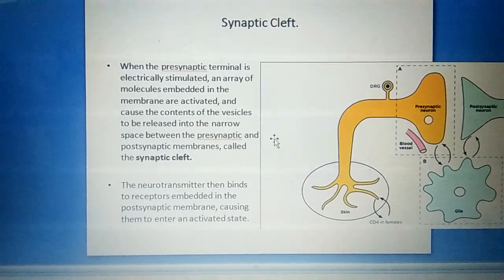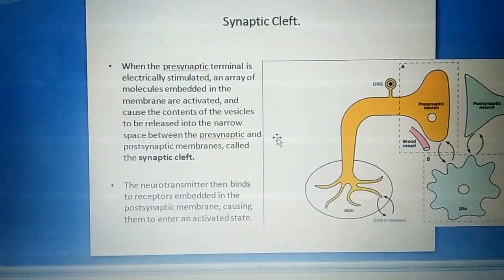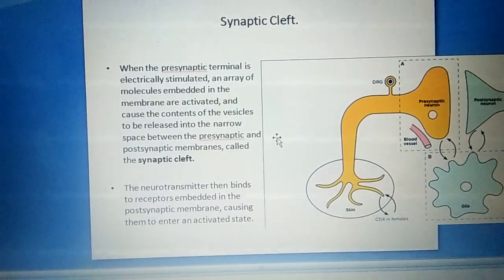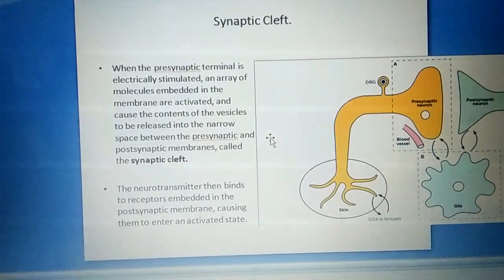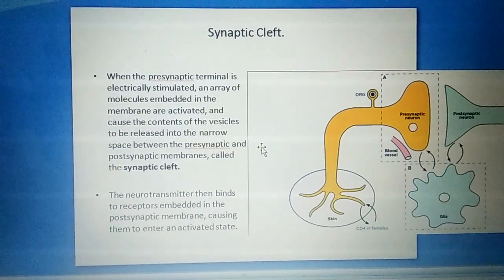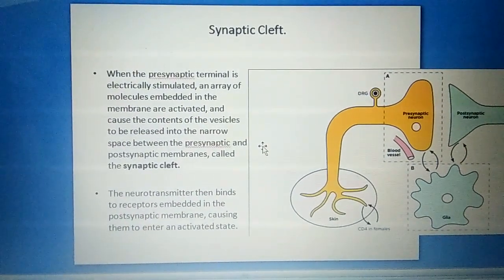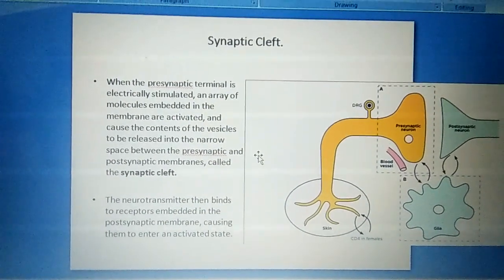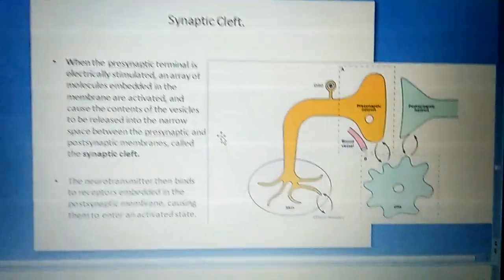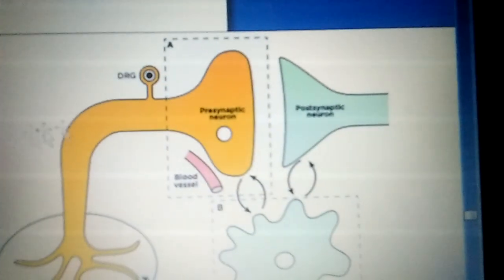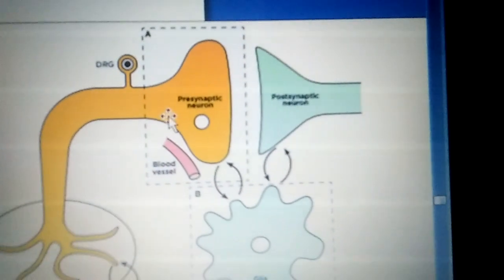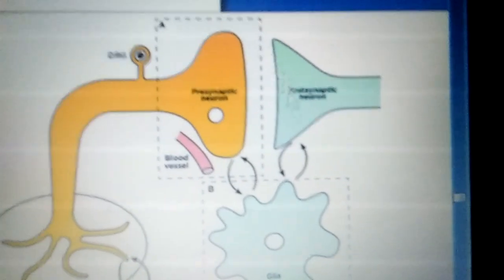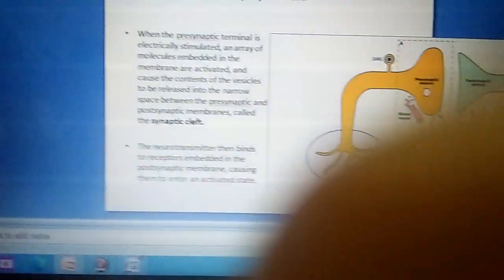Synaptic cleft: when the presynaptic terminal is electrically stimulated, an array of molecules embedded in the membrane are activated and cause the contents of the vesicles to be released into the narrow space between the presynaptic and postsynaptic membrane, called the synaptic cleft. This area is presynaptic, this is postsynaptic, and this area is known as the synaptic cleft.